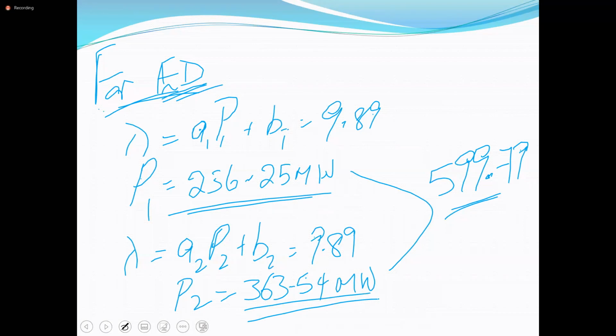All right? So this is how it is shared, and lambda is equal to $9.89. All right? And then finally, we are told that we want to find the breakdown when it is at 1250.